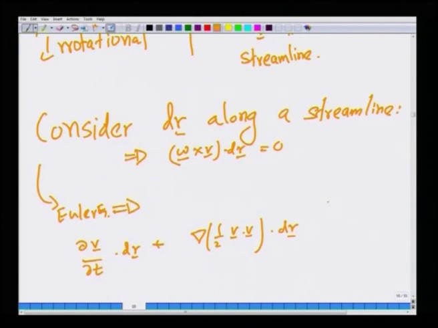Then you have plus del p by rho dot dr plus g dot dr.